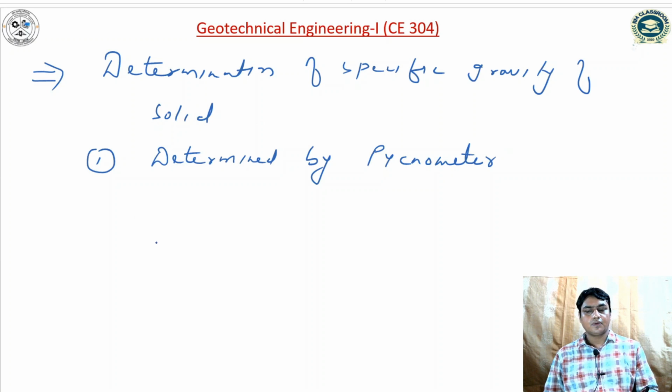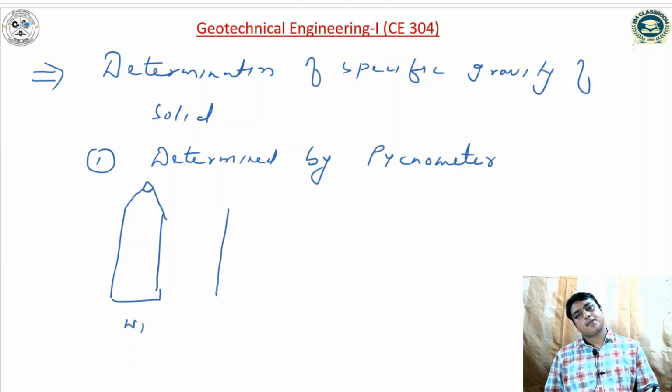Same procedure. Firstly, you have to weigh the picnometer bottle. This is the picnometer bottle. This is for the entrapped air. So say it is W1. This picnometer bottle, and put the dry soil, W2.